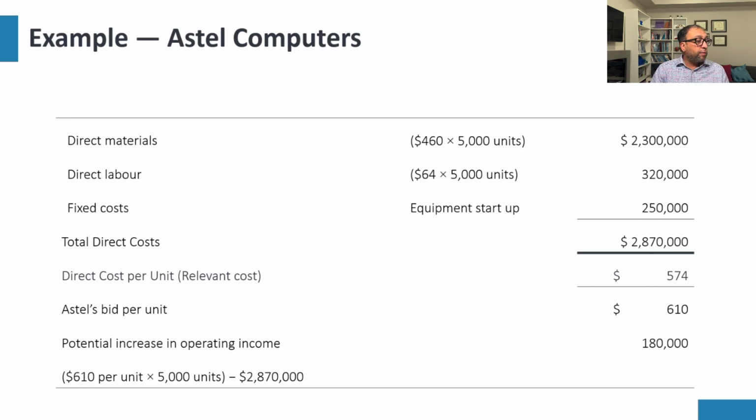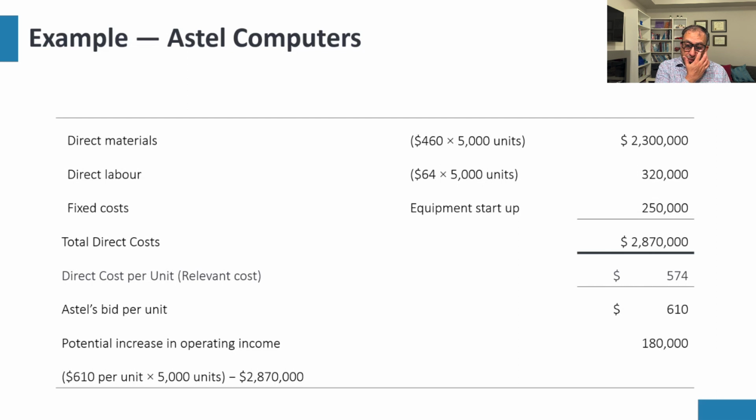So the order is of 5,000 units. Astel's managers must include all direct and indirect costs throughout the value chain that will change in total by accepting the one-time special order from DataTech. Astel's managers outline the relevant cost as follows.